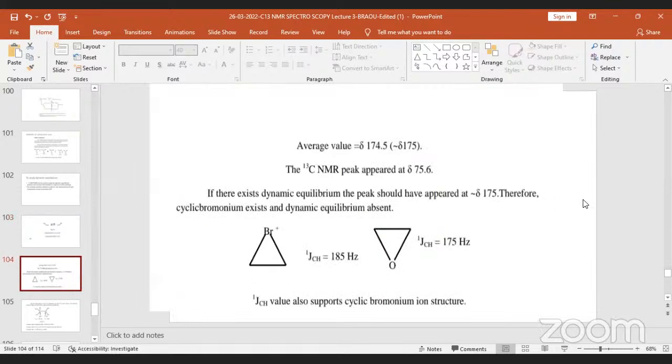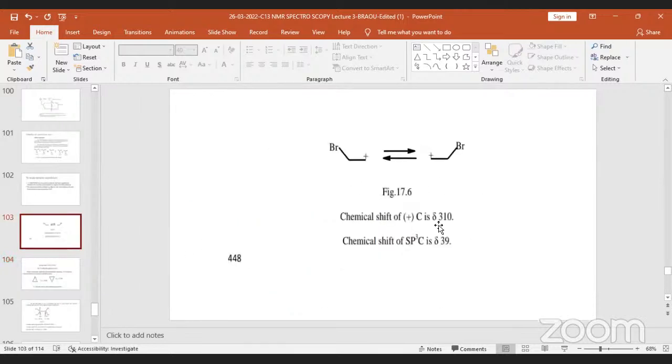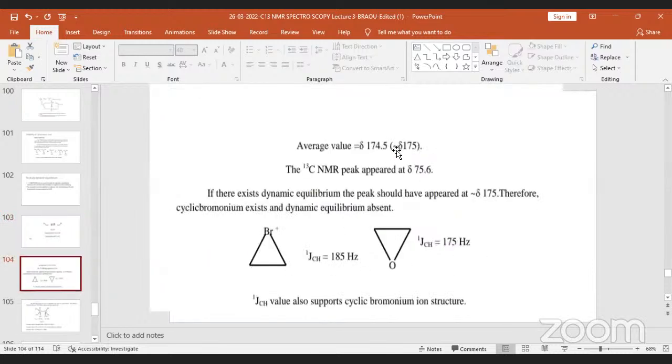Cyclic bromonium ion, and the C13 NMR peak appeared at 75.6. Okay, this value. So if there existed dynamic equilibrium, the peak should have been at 175, this average value. 310 plus 39, 340 divided by 2, the average value would have been this much.